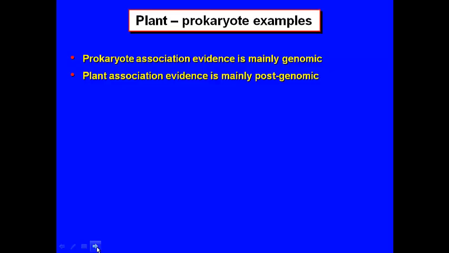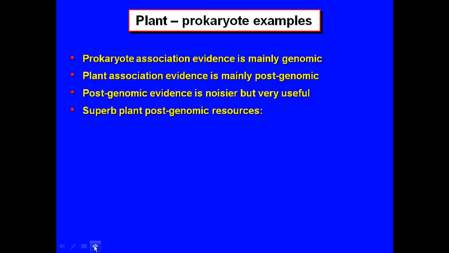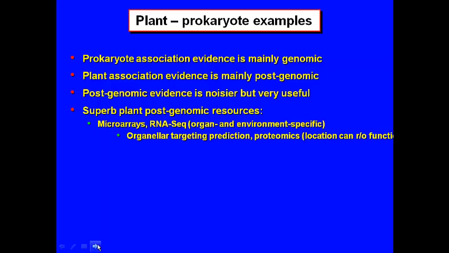Post-genomic evidence is noisier than genomic evidence, but it's still very useful. And there are superb plant post-genomic resources. You have very good microarrays and increasingly RNA-seq data sets for specific organs and specific environments. You have very good organelle targeting prediction and now proteomics.